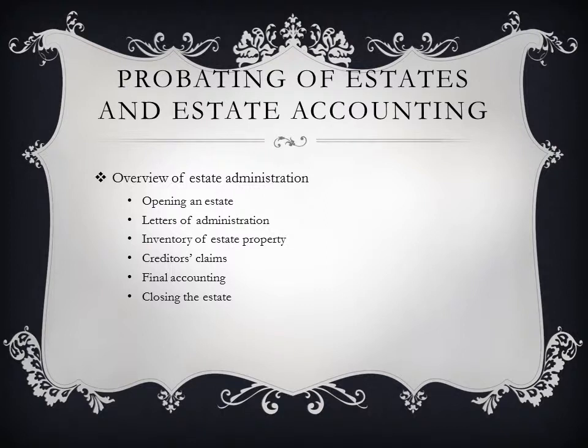What else? Ethics. As always in all of our courses at SCF in the paralegal program, we cover ethics. What does the paralegal need to know about ethics in the context of probate and estate planning? And we'll also do the final accounting.